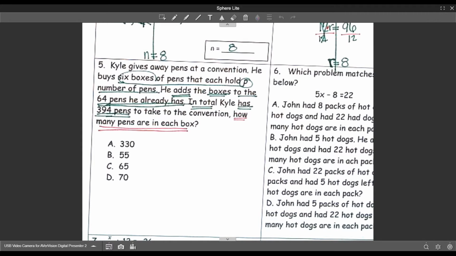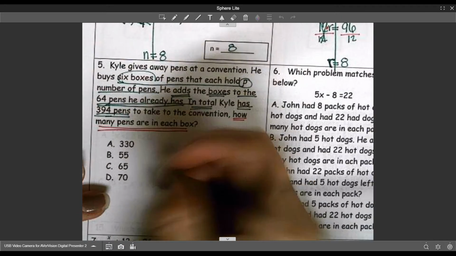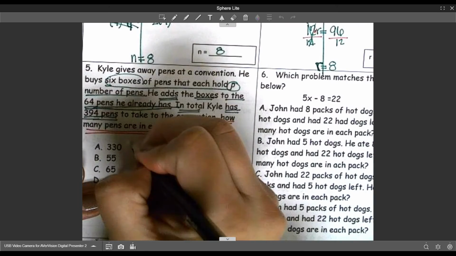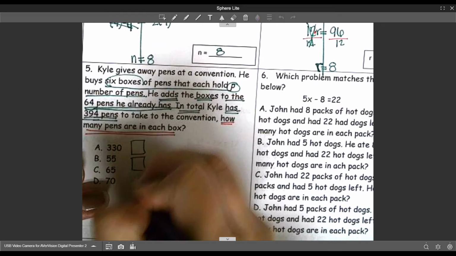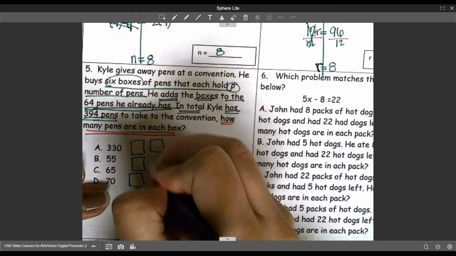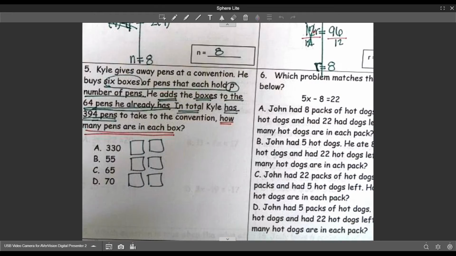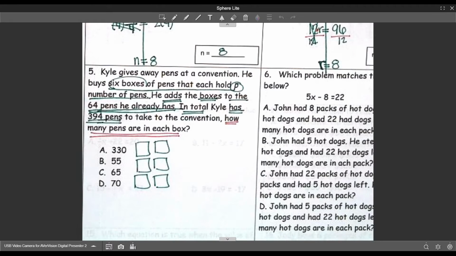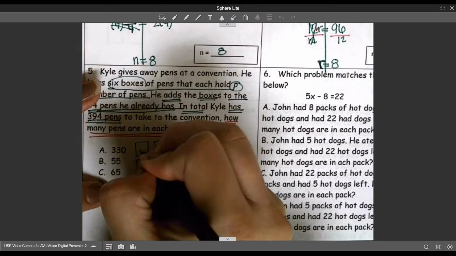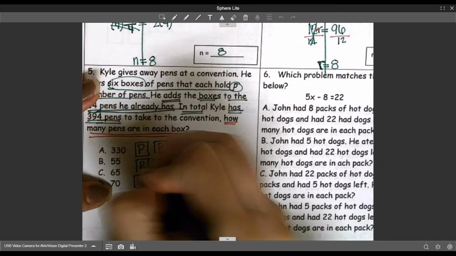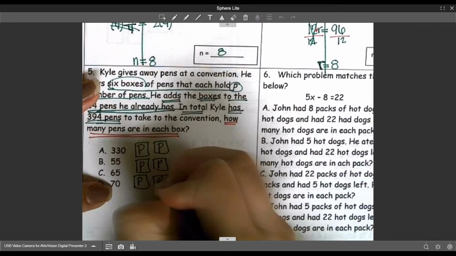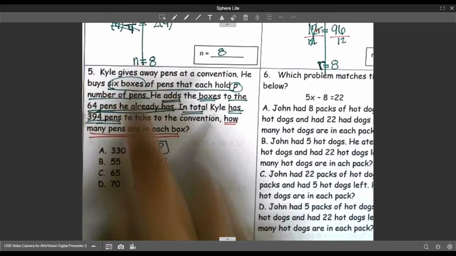So we're going to go ahead and draw this. We know that he adds the boxes to the 64 pens that he already has. So I'm going to put here my 6 boxes of pens. Do I know how many pens are in this box? No, I do not, which is the reason why I'm going to label them P, because P is the number of pens in the box.